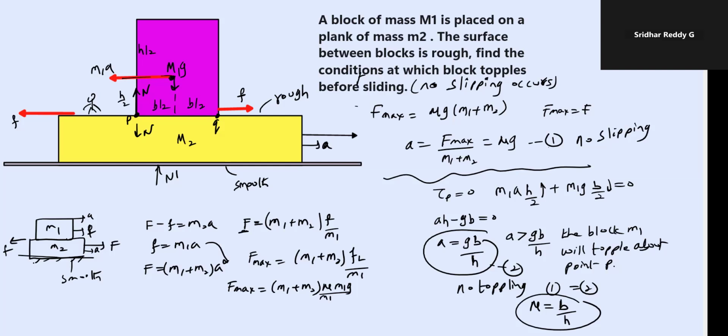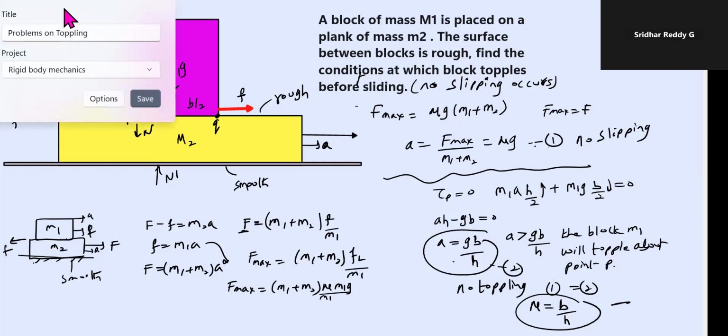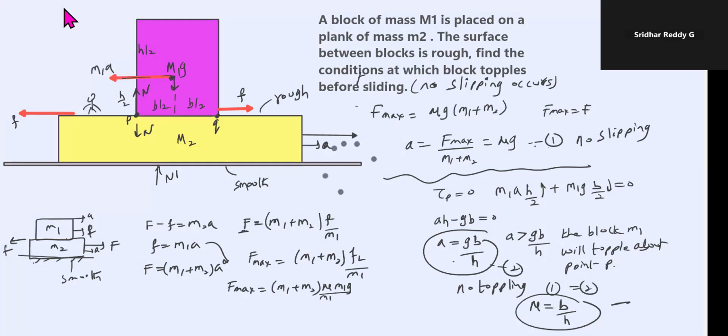So this will determine whether the block will topple or not. If equation 2 is greater than 1, the block will not topple before slipping. If equation 2 is less than 1, the block will slip before toppling.